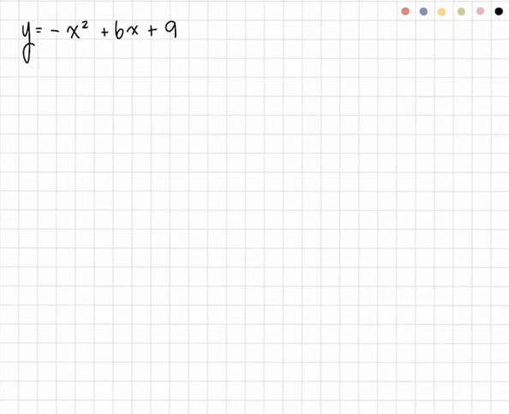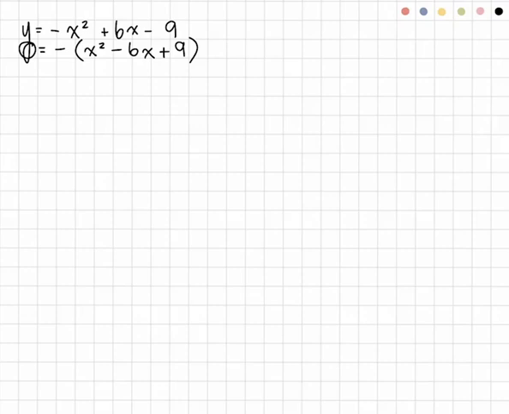So let's go ahead and do that. We're also going to set it to 0, right? Because we're finding the x-intercepts. So I'm going to have -x squared. This is going to become minus 6x. And I wrote this wrong here. This is -9, because it's going to become plus 9.